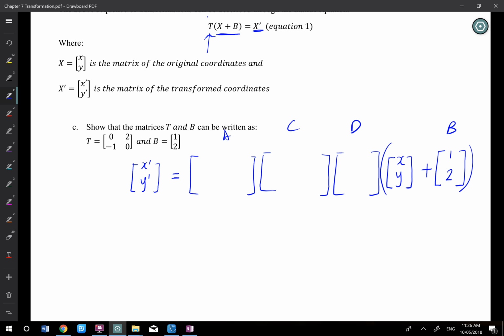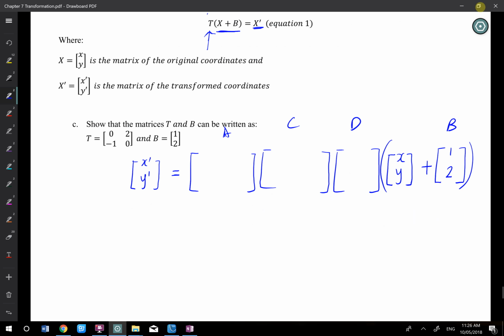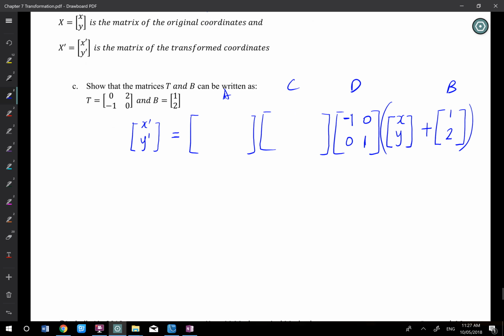D. I should fill in D first because that's the thing that happened first. It's minus 1, 0, 0, and 1 because it's a reflection in the y-axis. It's changing x. So the first one must get closest to the xy. Everything after that you need to write into the front.